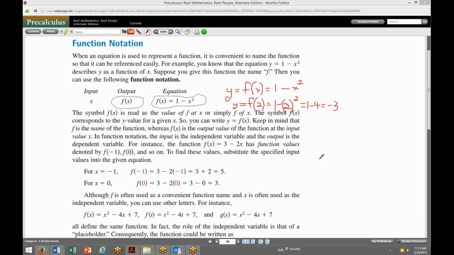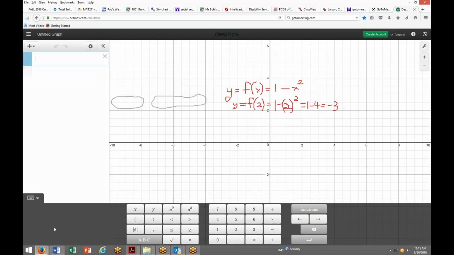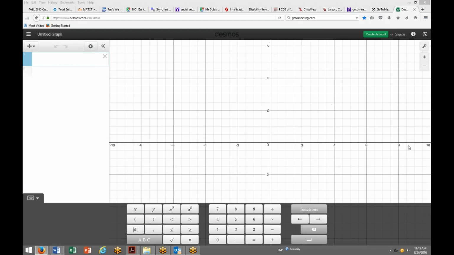In fact, let's pause here just a moment and look at this. Let's call up Desmos and graph this thing and look at it. There we go. Okay, so y equals 1 minus x squared. There's the graph of this.